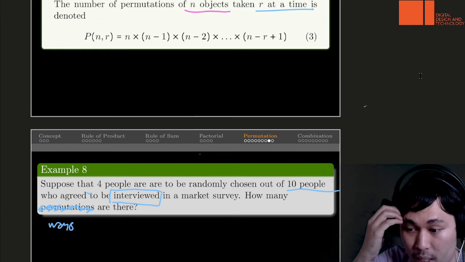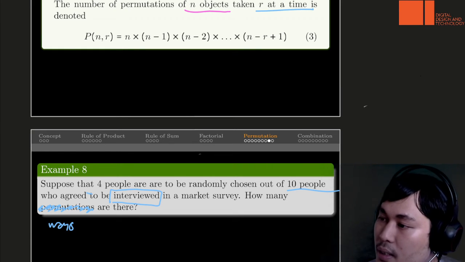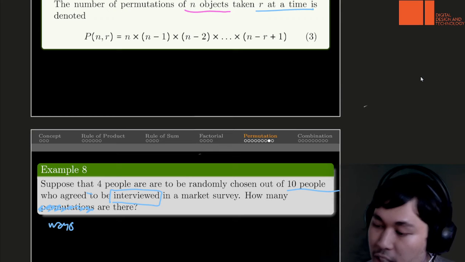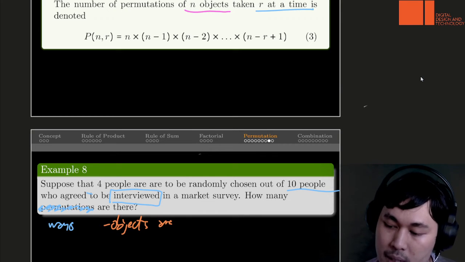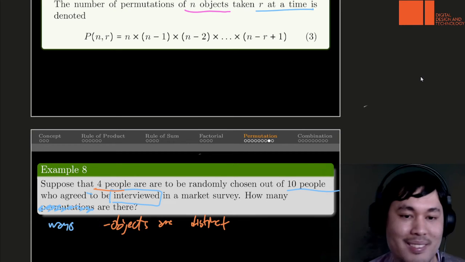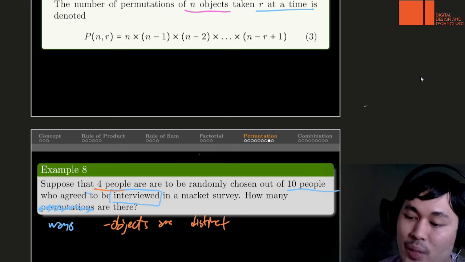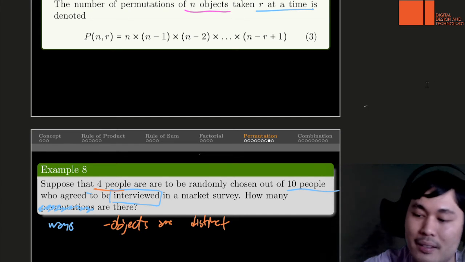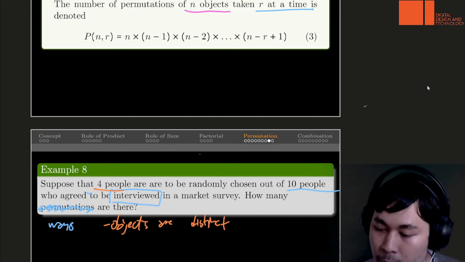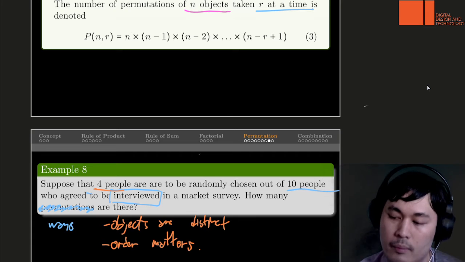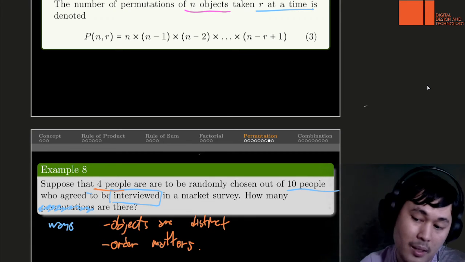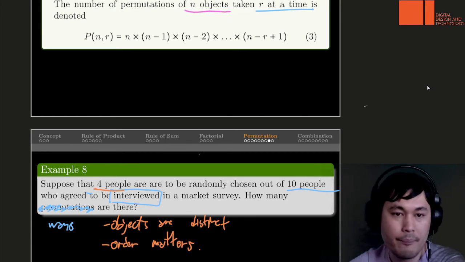And here we know that we need to apply permutations because first, the objects are all distinct. Why? Because they are people. Even if they are twins, we treat them as 2 distinct people. And second, the order matters, because these 4 people need to be interviewed one at a time.